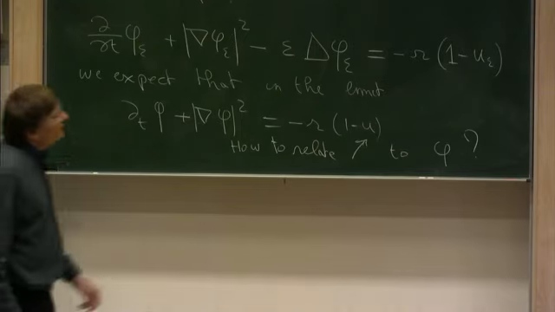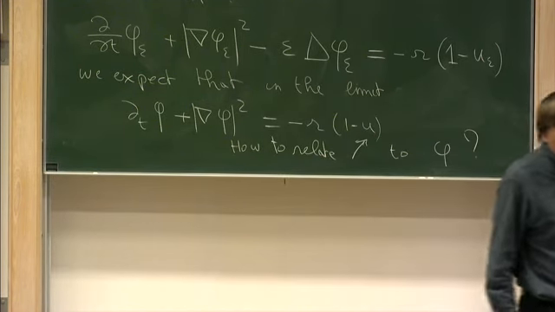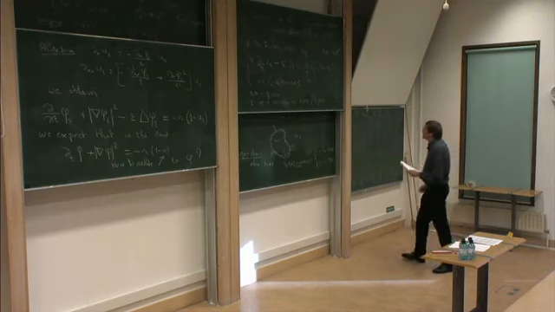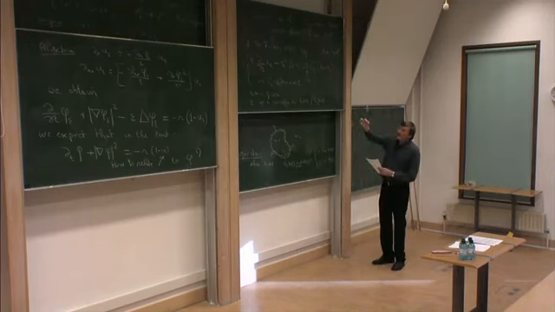So let me give you the theorem, and maybe we'll continue this afternoon to see how you can prove it. The theorem we will prove is the following. The assumptions are there.